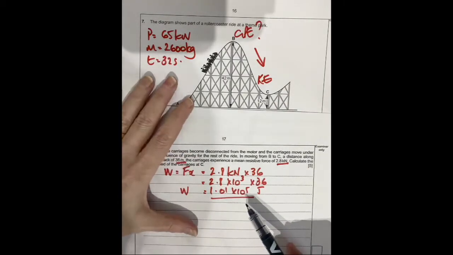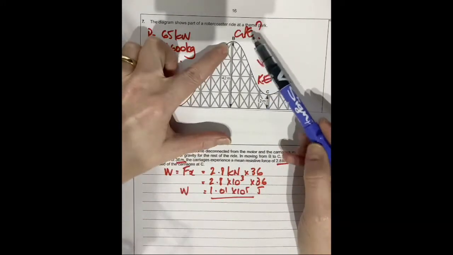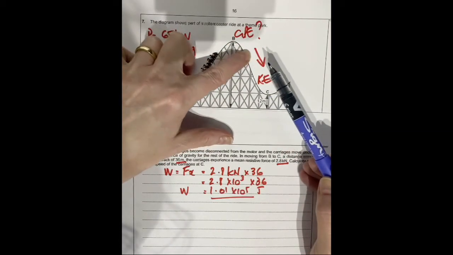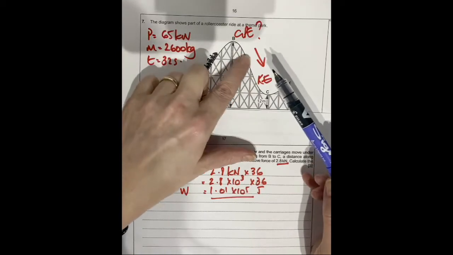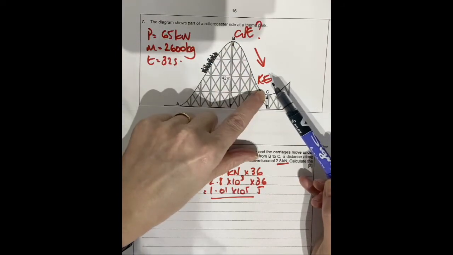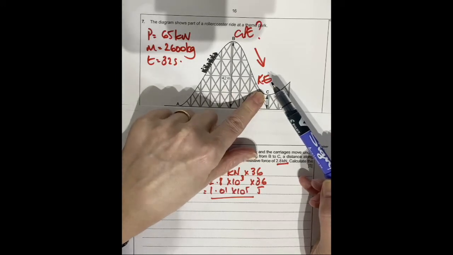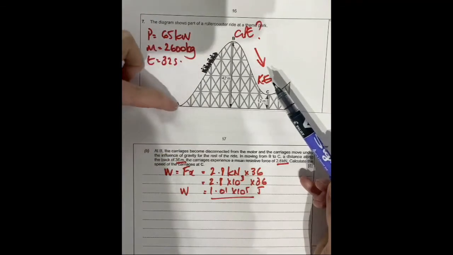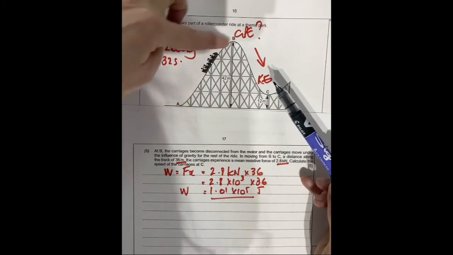Let's look at these energy changes again. All right, so we've got gravitational potential energy up here, some work done against friction being the difference, but the GPE is converted to KE. Okay, now we worked out the GPE up here, but we worked it out actually for coming up from A, that 42 metre distance.